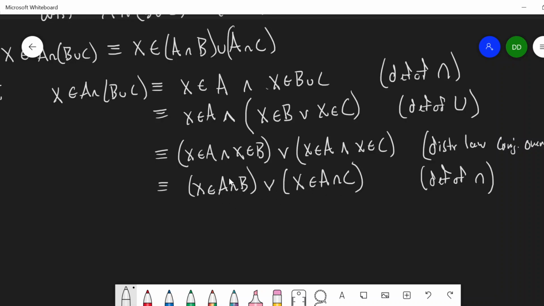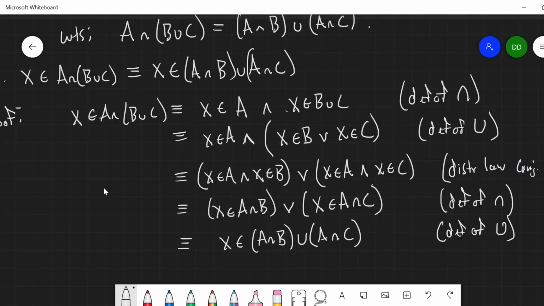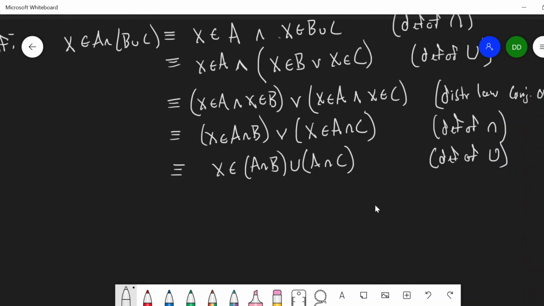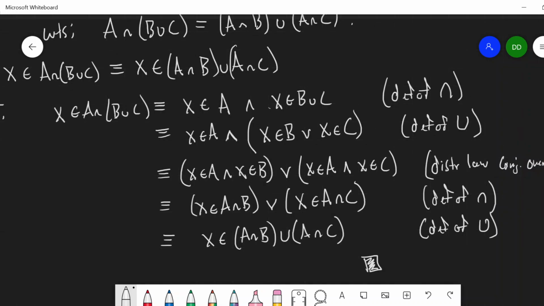So this is actually a union of these two sets. So this is equivalent to X is in A intersect B, union A intersect C. So that's the definition of union, and that's exactly what I wanted to show. So that constitutes a proof. That's why the distributive law of sets holds, because we have the distributive law of conjunction over disjunction.